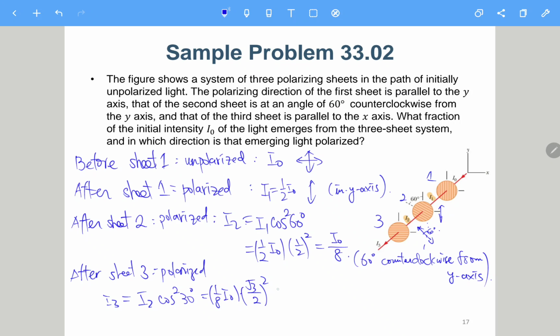So the answer will be 0.094 I0, roughly more than 9%. And the polarization direction will be parallel to the x-axis.